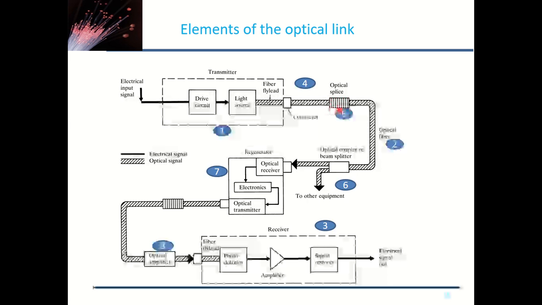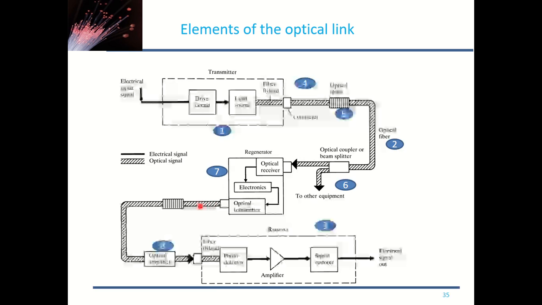The next link element is the optical splitter or coupler. Here the light can be split and the output can be taken for reference purpose or reference measurement, and it can be given to the mainstream, that is to the regenerator, which consists of different blocks such as optical receiver, then an electronics processing circuit, and then an optical transmitter.